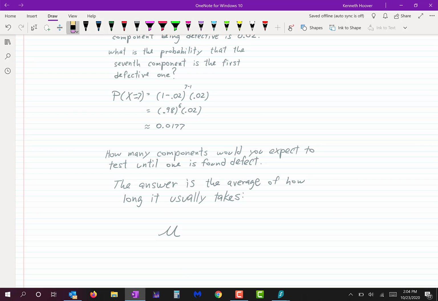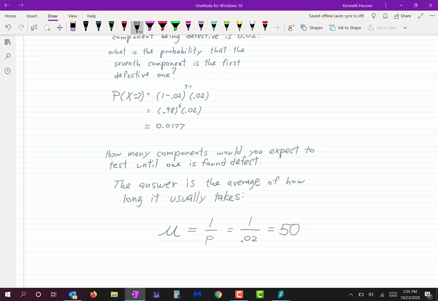Okay? Now, that brings up the question though, how do you calculate the average of this sort of thing? And I'm going to give you the formula right now. It's really, really surprisingly simple. It is 1 over p. So in our case, that would be 1 over 0.02, which happens to equal 50.